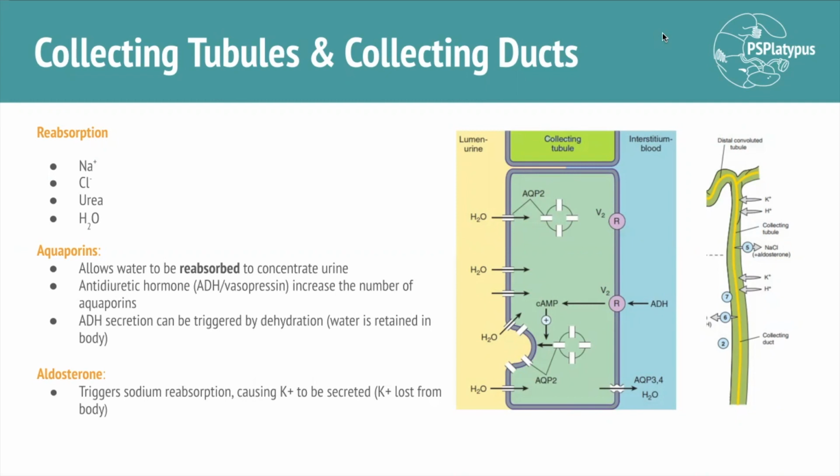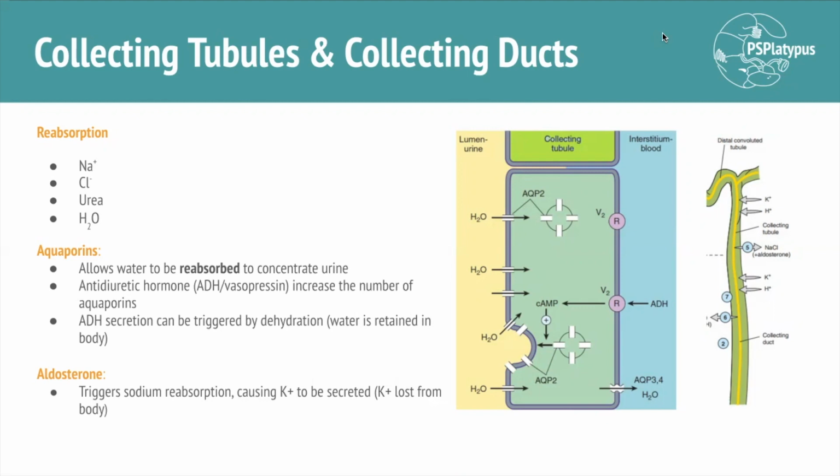The relevance of these protein channels is due to their direct modulation via our antidiuretic hormone or vasopressin. And an increase in ADH will result in an increase in expression of aquaporin and thus an increase in water reabsorption.